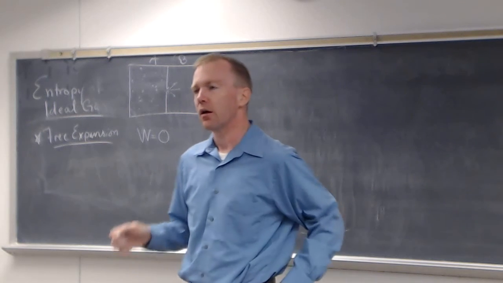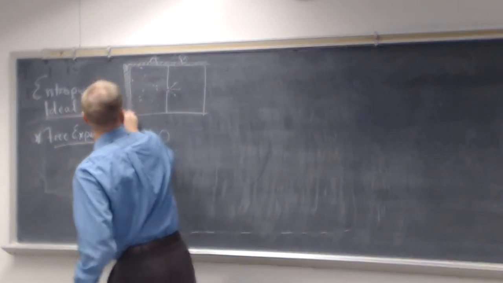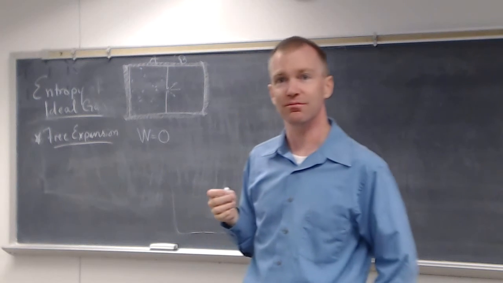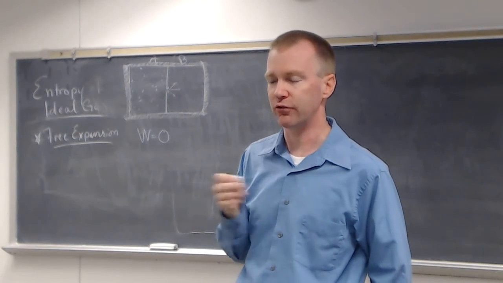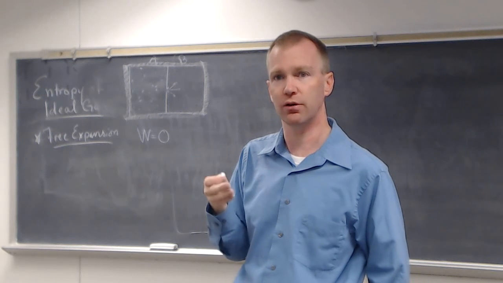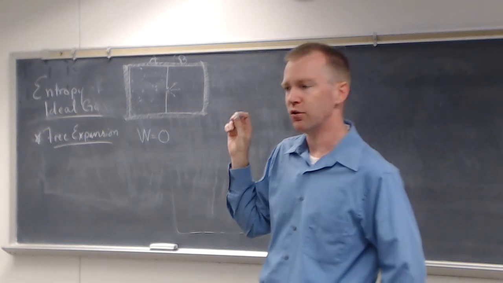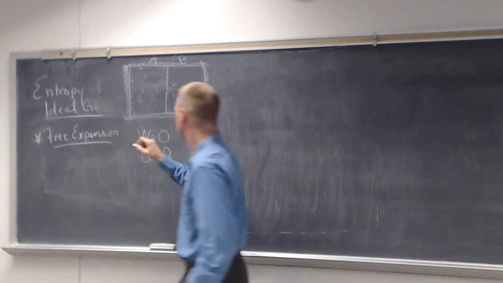Next thing, how much heat has flowed into the whole system here during this free expansion? Well, we can insulate it from the rest of the universe, so there's been no heat flow across. We've had an expansion which accomplished no work and had no heat flow.